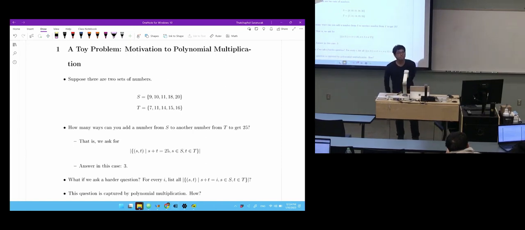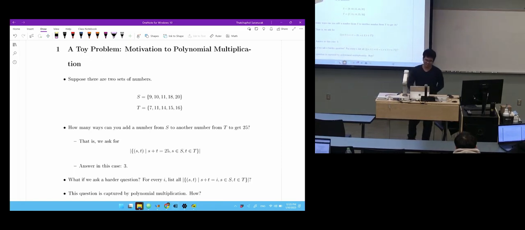You could put all the numbers from S into a hash table, and then you can go through the numbers in T and check whether the complement of that number that adds up to 25 is part of the hash table. Yeah, right. But good. There might be a way that you don't even need a hash table. You do a double pointer, like one pointing at the start, one at the end, and you just move. Yeah, good.